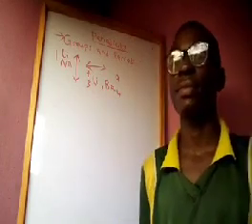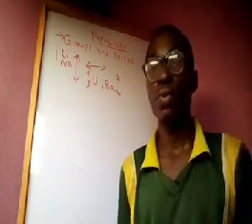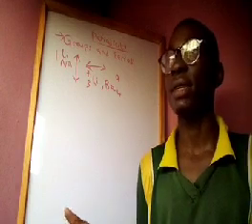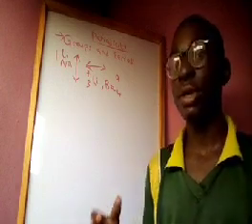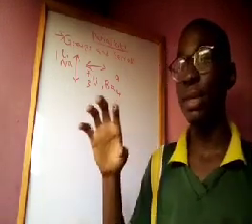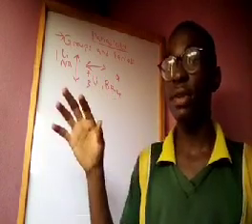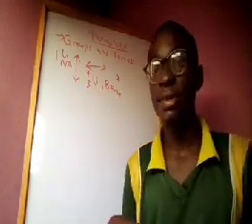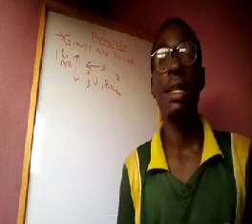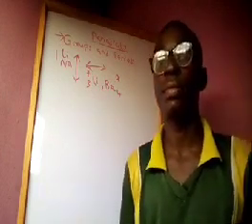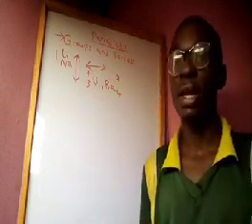Then we have ionization energy, because electron affinity involves energy which is given off. Ionization energy is basically the energy required for an atom to lose one of its electrons.